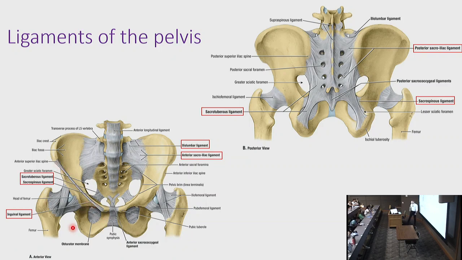And this is probably better seen on the posterior view, but here we have our sacrotuberous and sacrospinous ligaments. The great thing about ligaments, as y'all have learned up to this point, is that they tell you where they originate and insert a lot of the time. So sacrospinous originates from the sacrum. Where's the other attachment point? Ischial spine. How about sacrotuberous?